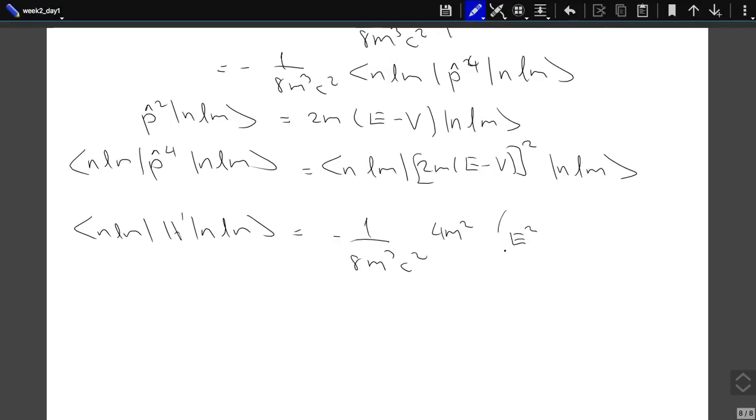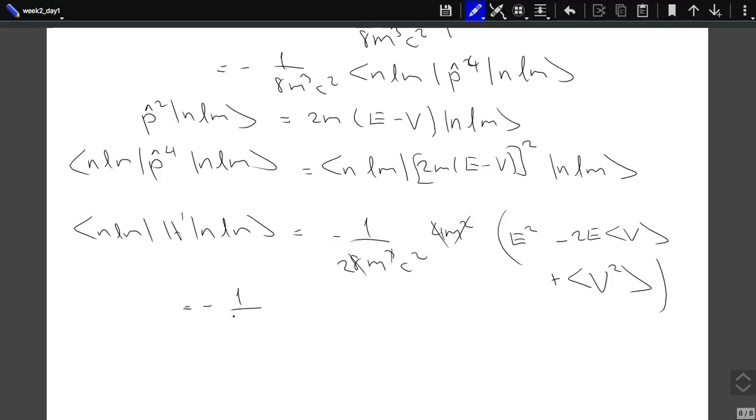E squared minus 2E, the matrix element of V, plus the matrix element of V squared in this nlm state. We see this cancels this one. This will cancel with this one, leaving a factor of 2.